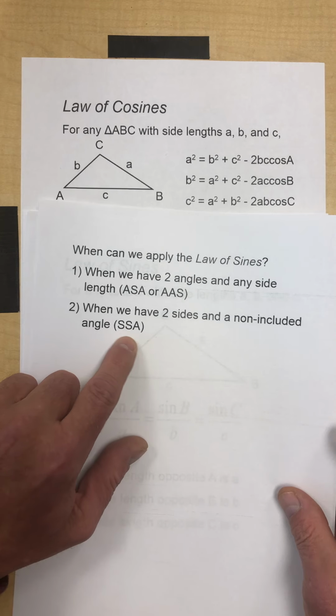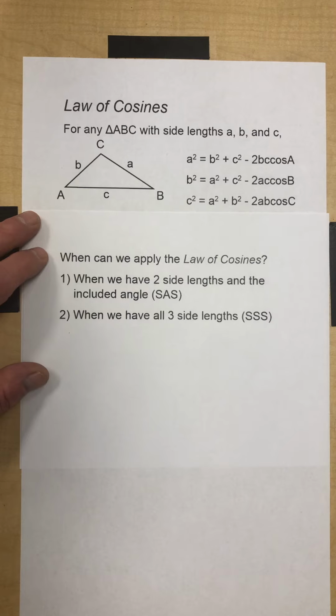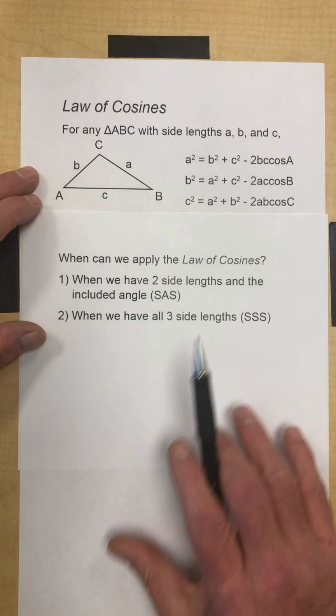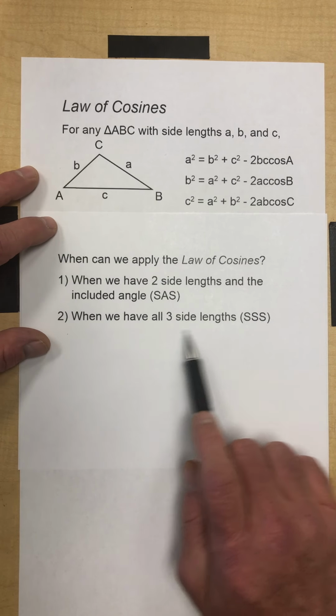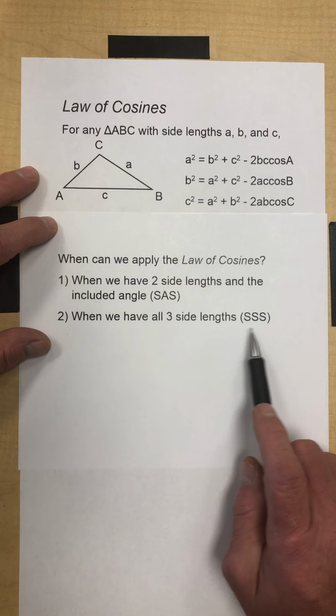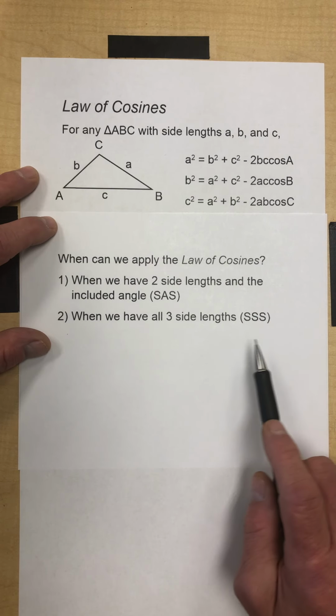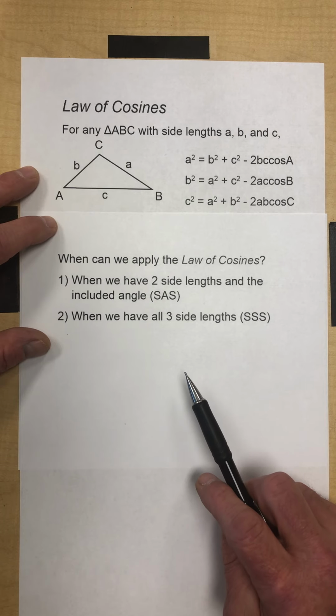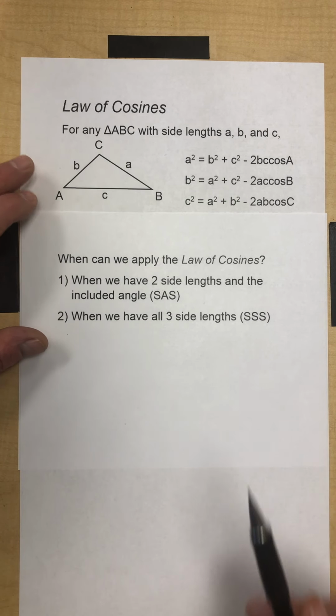If we have SSA, two sides and a non-included angle, we use law of sines. If we have SAS, law of sines won't work. We have to use law of cosines. And then if you have all three sides, but you know nothing about the angles, so if you have SSS, you know all three sides, and all we have to do is find the three angles, you have to use the law of cosines.